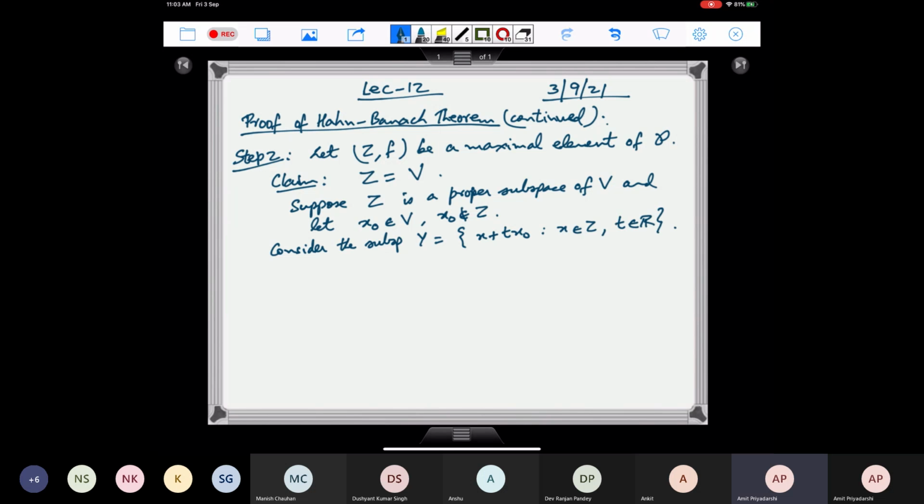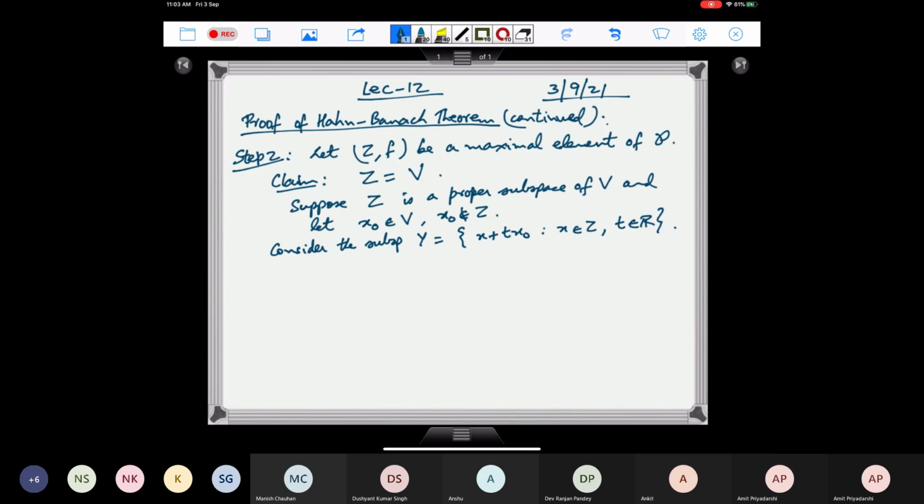So we are looking at the subspace generated by Z and the point x naught, which is not in Z. So Z becomes a proper subspace of this Y. Now we will show that we can extend this linear functional f to Y, satisfying that it will be dominated by that p.